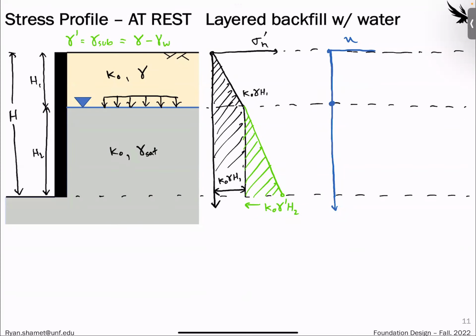Because right where the water starts, and then as we go down, we see a steady increase in pore water pressure. This is just the unit weight of water times H2, since that is the height of the wall that's underwater.